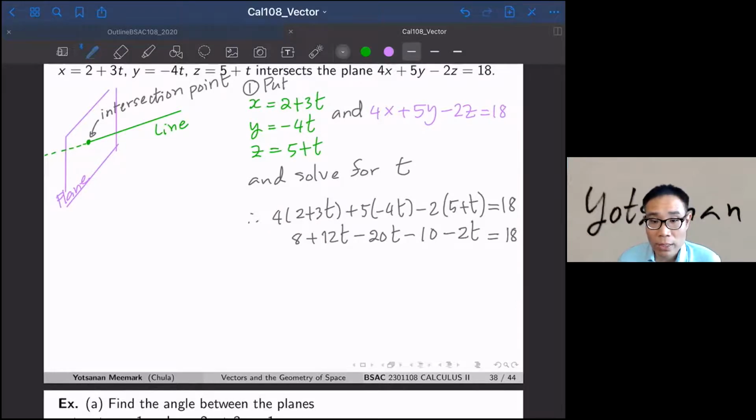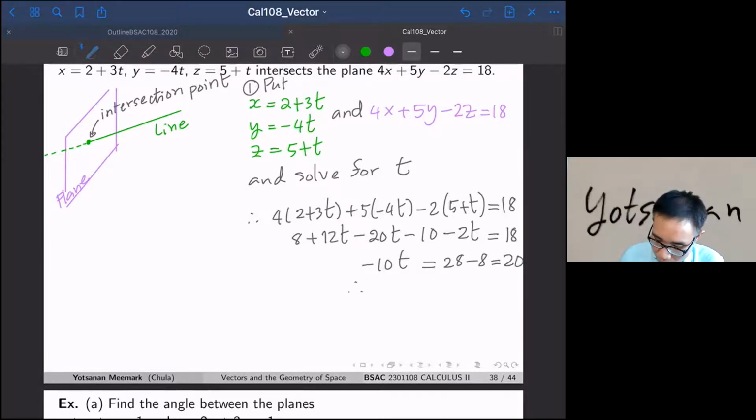Okay, and you're going to solve for t. You combine the terms, so it's going to be negative 10t equal to 18 minus 8 minus 10... so I get 28 minus 8, which is 20.